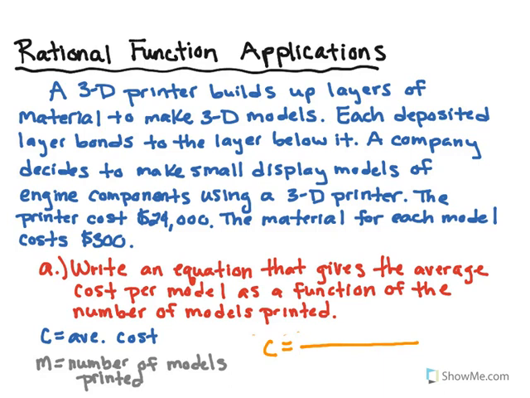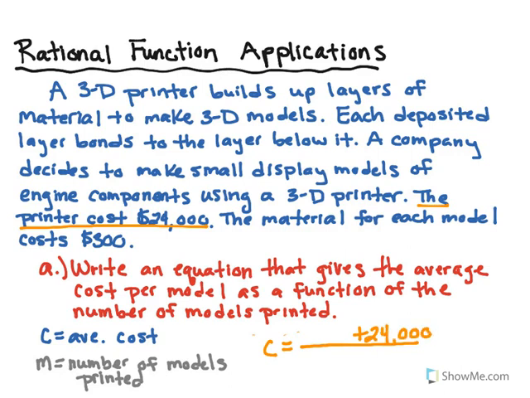Up here in blue, all the information that it gives us, the part that's really important is the last two sentences. The printer costs $24,000. So without us even building anything, we are automatically going to pay $24,000. So I'm going to write that down here.